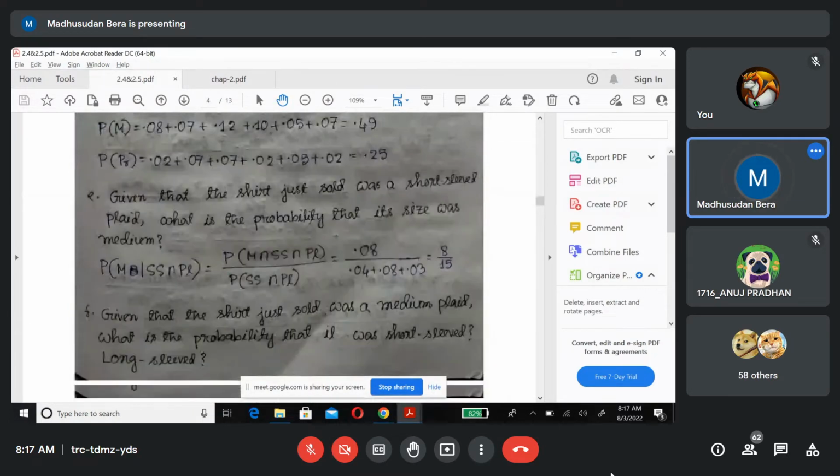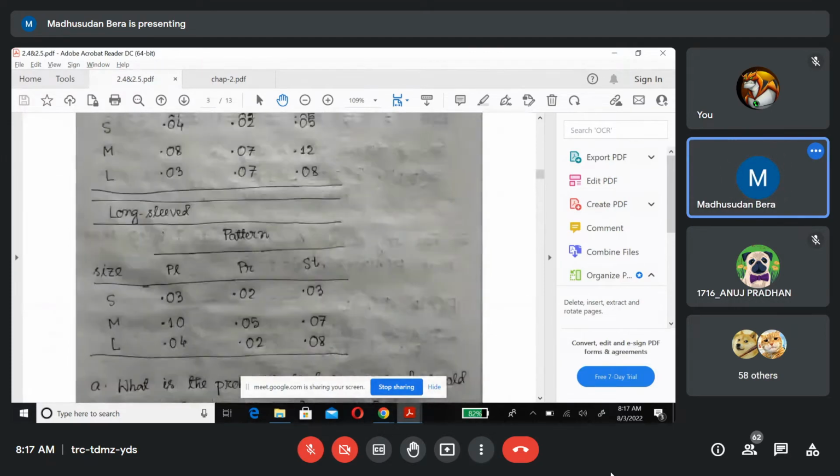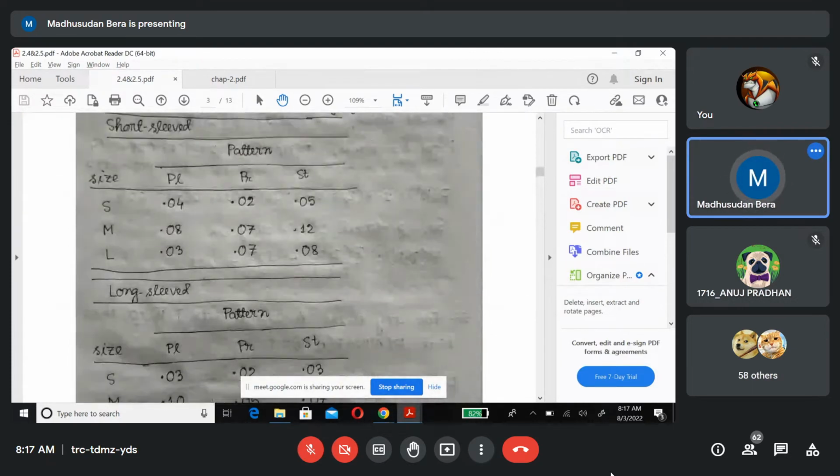Very simple proof. Then I will discuss this question, not all parts.